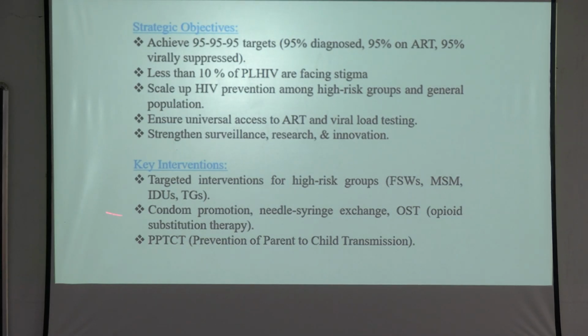Then promotion of condoms, male and female, on a large scale, needle syringe exchange, OST, opioid substitution therapy, and PPTCT, that is prevention of parent to child transmission. Okay. These are the key interventions we introduced, and how are we achieving that?